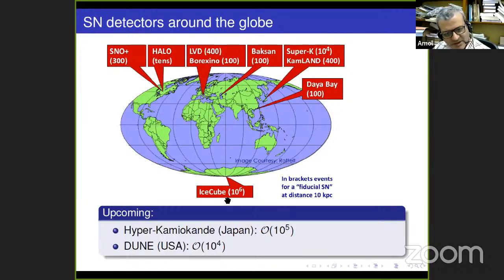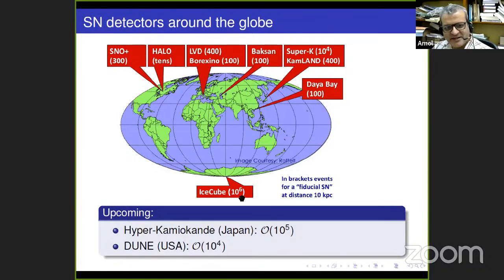In Ice Cube, because the energy of neutrinos from supernova is very low, it is not possible to see each neutrino separately. But what you actually see is the total amount of light that the photomultiplier tubes see, and when the supernova explodes, that number of photons is going to go quite high, by almost a million.